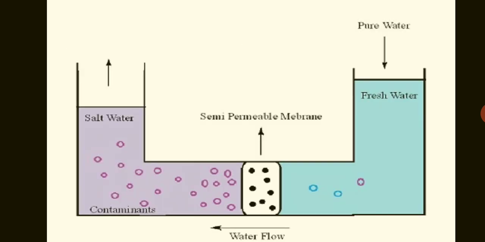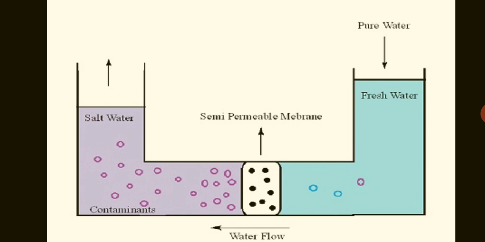Now you can see the diagram. In the region where black dots are shown, these are actually pores of the semi-permeable membrane. On the left side of the semi-permeable membrane, salt water is filled in a U-shaped glass tube.